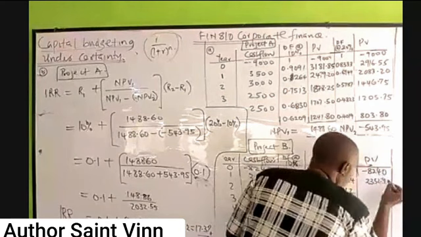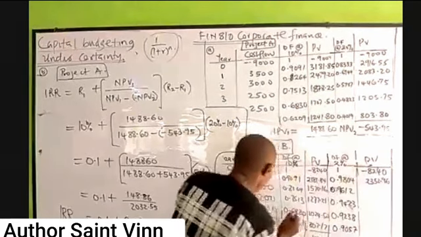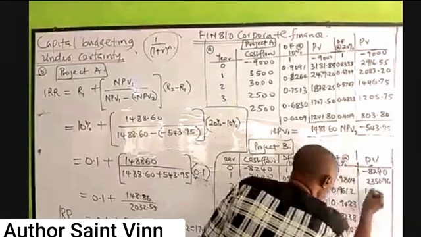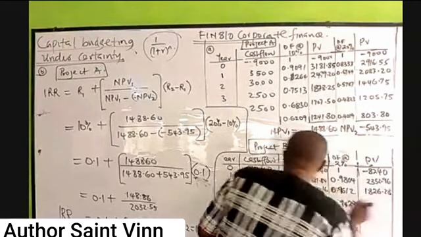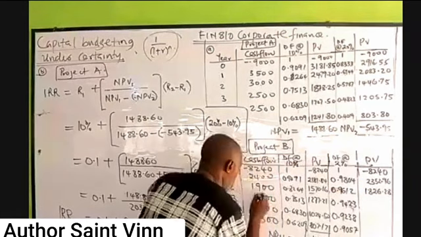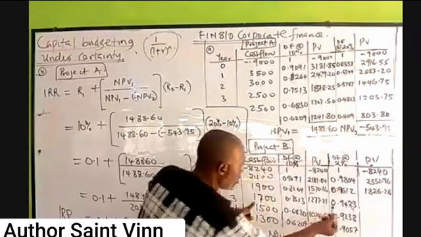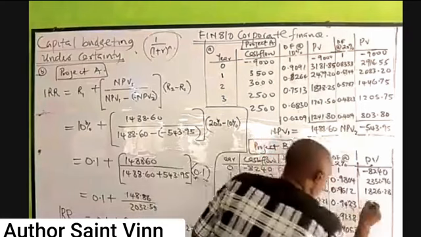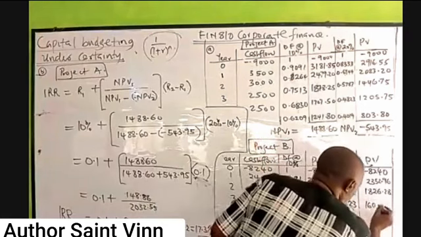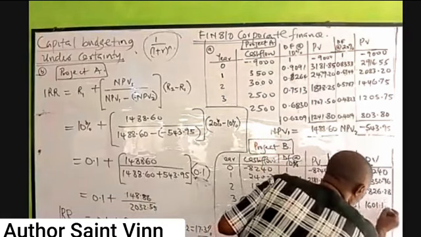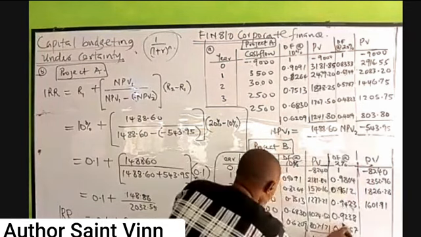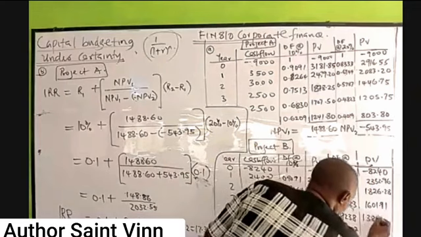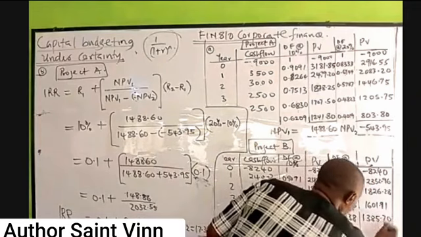52.92. Okay, next. 1826 point what? I hope you are multiplying with the cash flow. 17 times this. 1601.91. Okay. 15 times this. 1385.70.